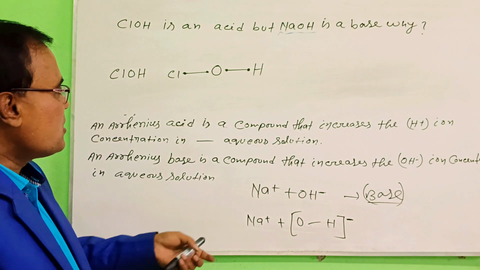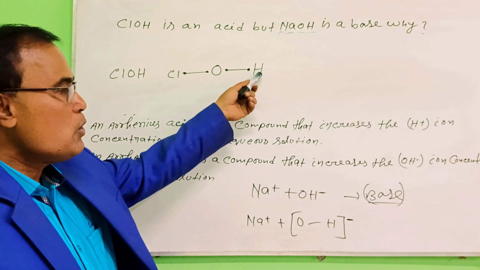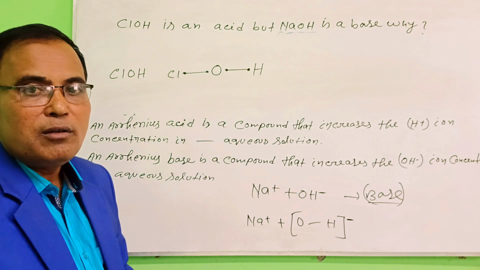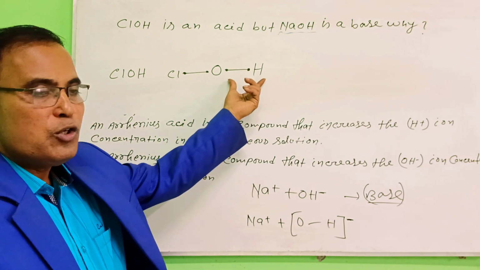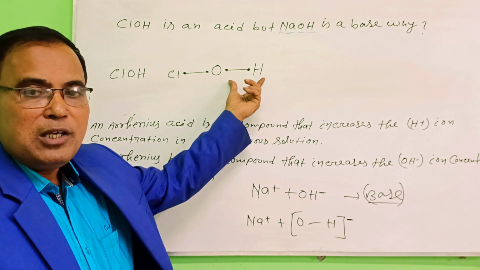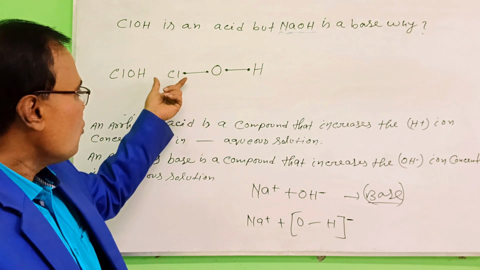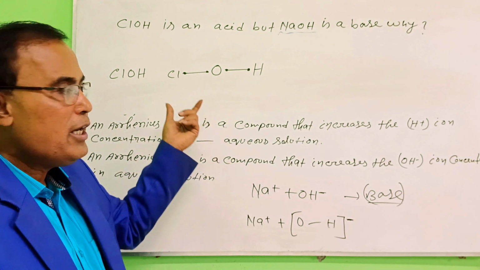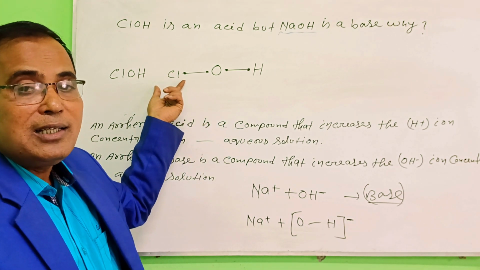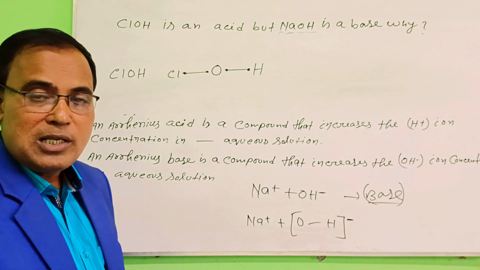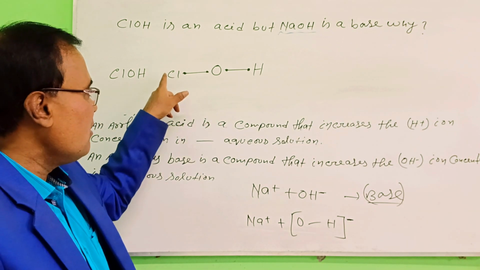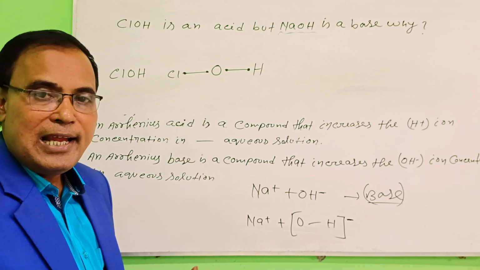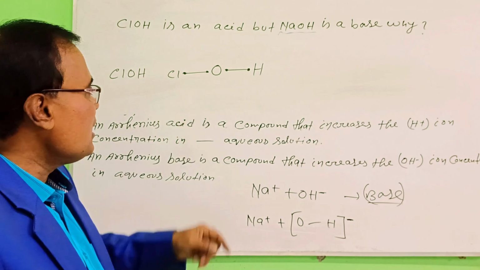Please see the structure or diagram. Hydrogen has shared a single electron with oxygen for filling its duet. Chlorine has shared a single electron with oxygen for filling its octet. As we know, there are 7 electrons in its outermost shell, and the single shared electron with oxygen makes 8 electrons in its outermost shell.